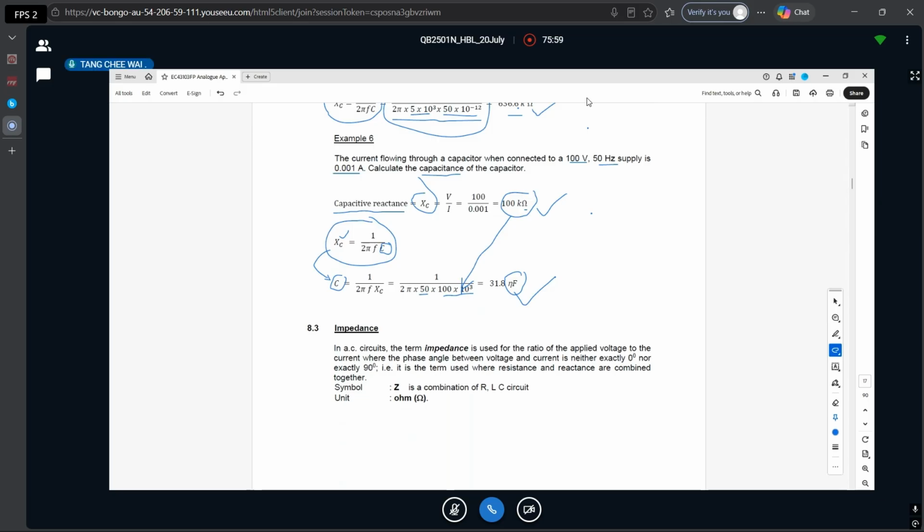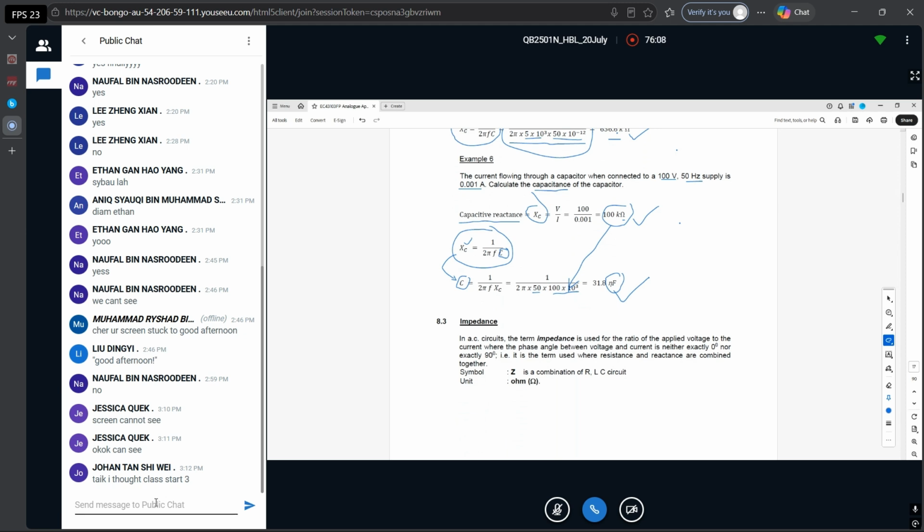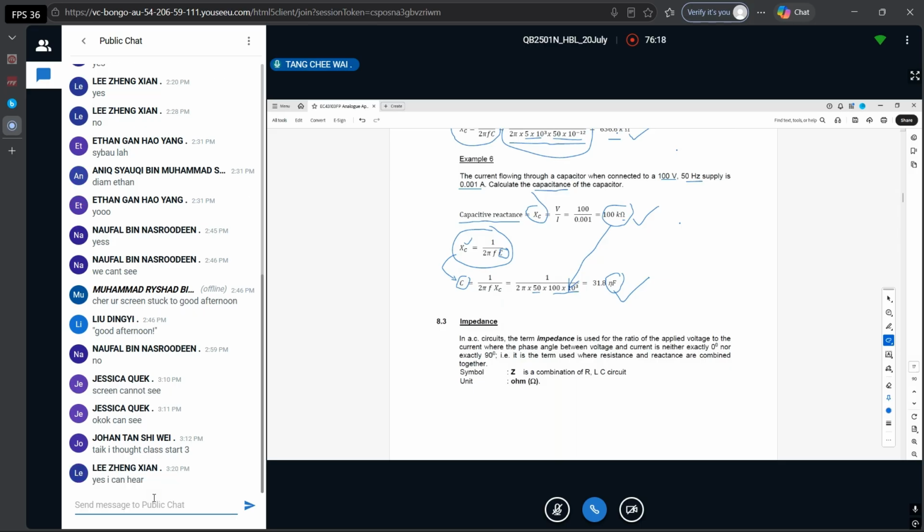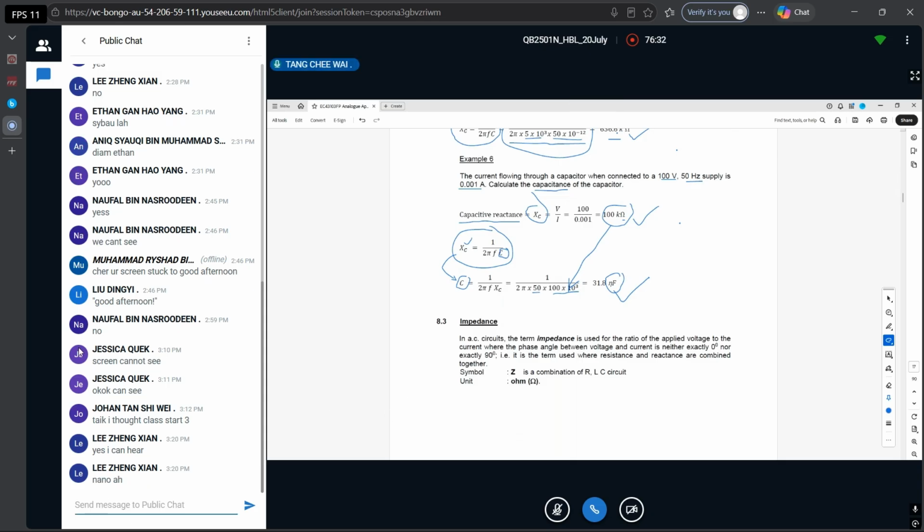Can you all still hear me? Can anyone attempt to say what the small n there is? 31 point something n farad. What is the n there? 31.8 small n farad. What's the small n? What's the multiplier there?